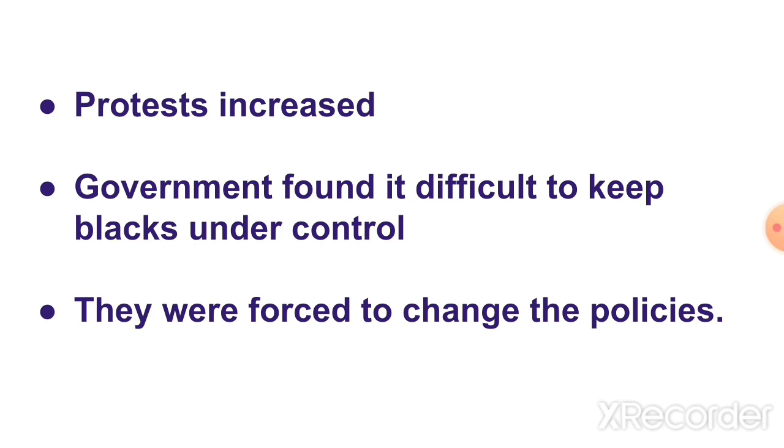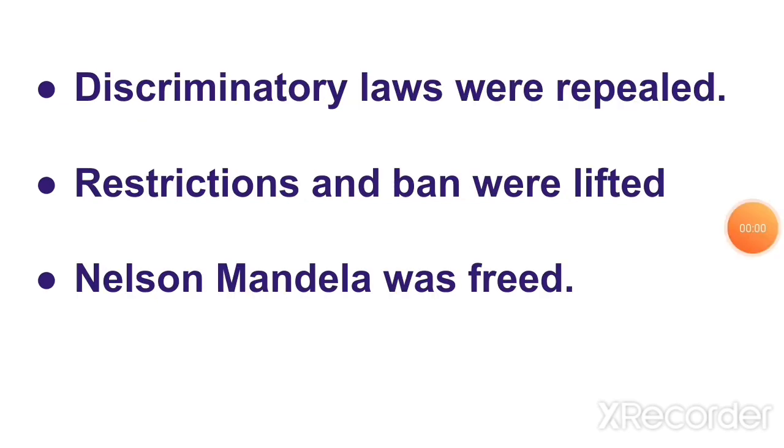This government realized that it was difficult to suppress the people, and no longer could they keep the blacks under their rule. The whites were forced by these demonstrators, these people who revolted, to change their policies.